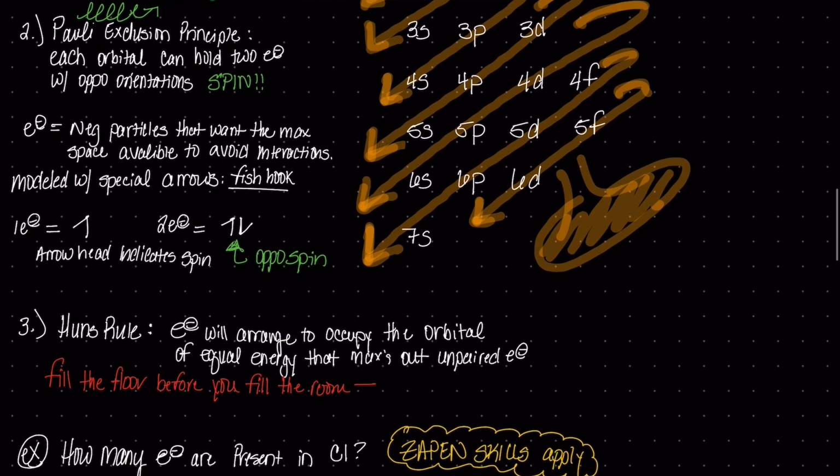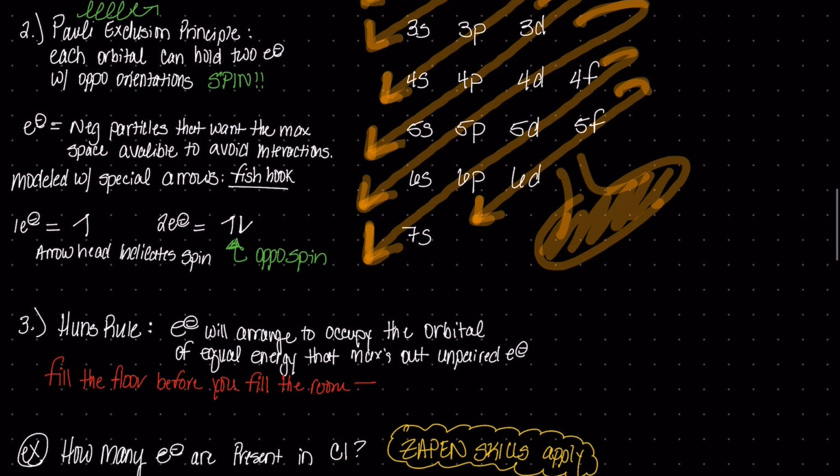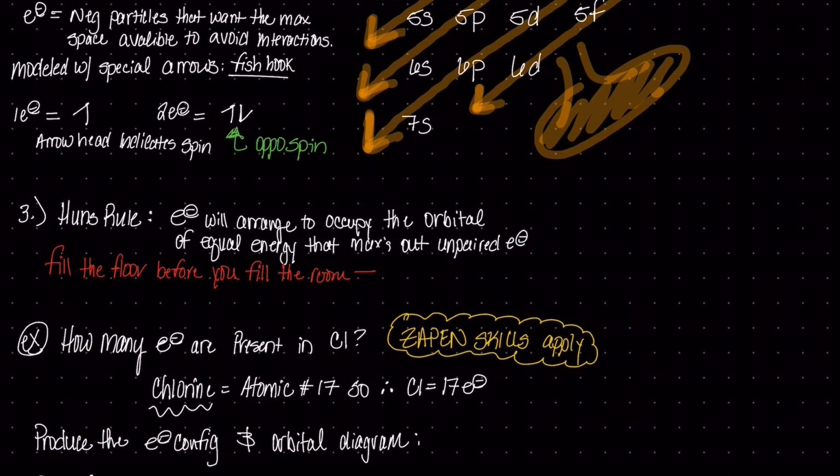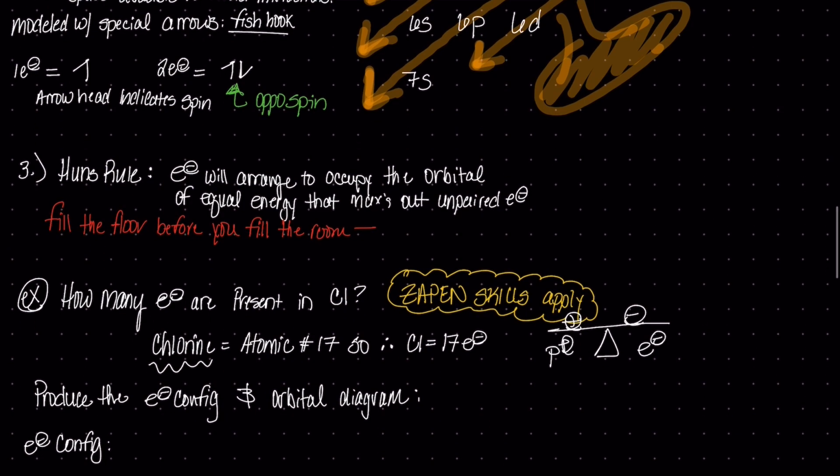So what I want you to consider is how many electrons are present in chlorine. Regular chlorine has an atomic number of 17, and with the skills we already know, you have 17 electrons in chlorine. Since I didn't tell you it's an ion, you assume that the positive and negative things, the protons and the electrons, are in perfect balance, so they're the same number.